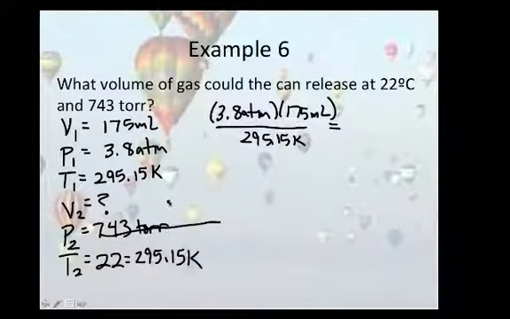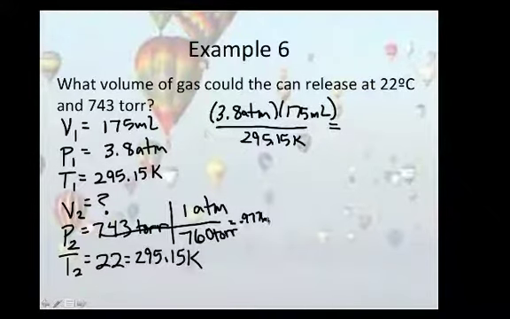Heck, let's change that. 1 atmosphere is 760 torr. 0.9776. Okay, so that's my P2, 0.97, I'm going to call it 8 atmospheres.